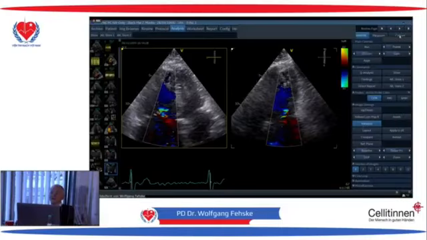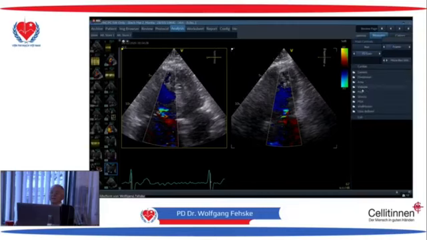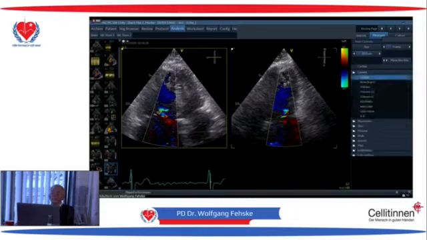So I take measurement, calipers, 4-chamber view, 4.4, it's too much, but this is not asymmetrical this time. You see 4-chamber view, 4.4, in the 2-chamber view, 3.5.